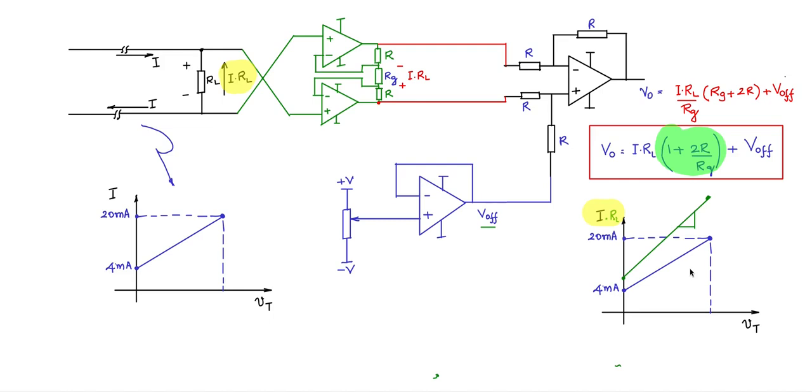The slope can be adjusted. Then offset, which is coming from here, can be adjusted using the tap on the potentiometer here. You can do the offset adjust, the value here can be adjusted, such that I can push this down to 0 if needed.